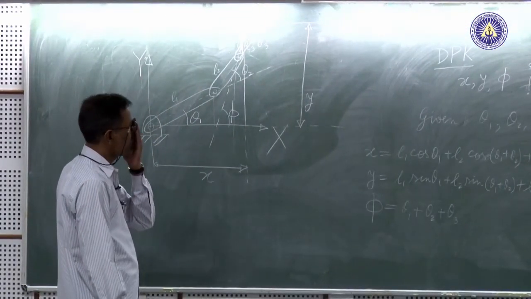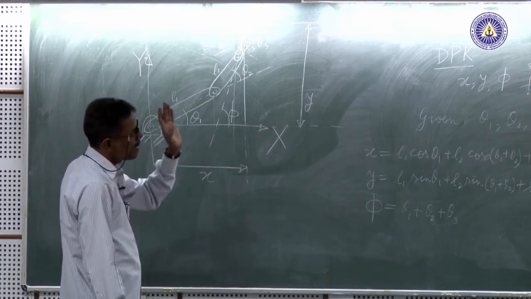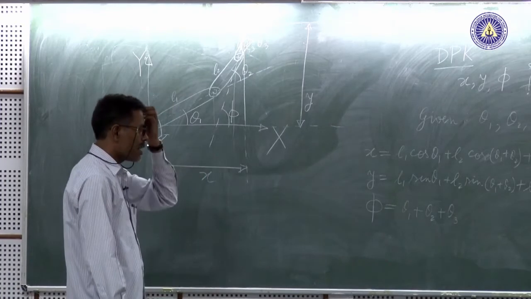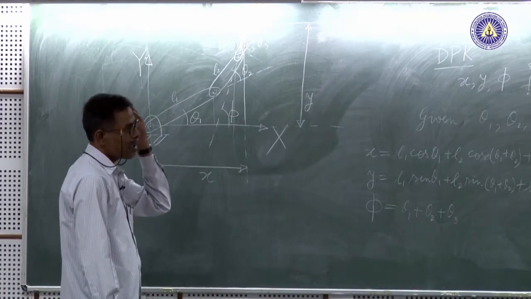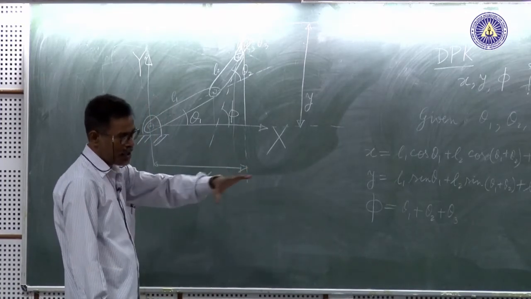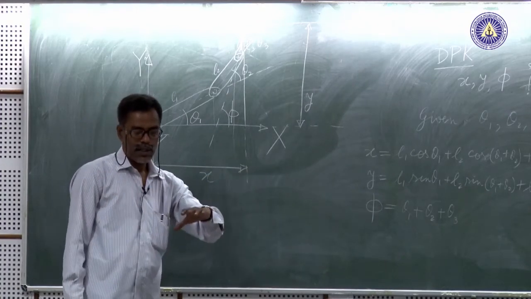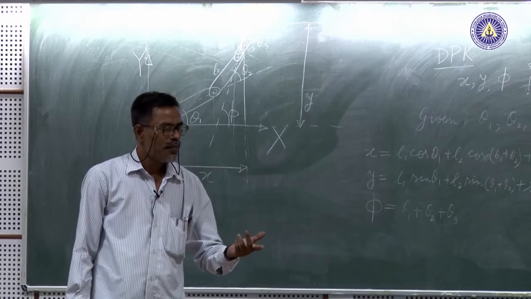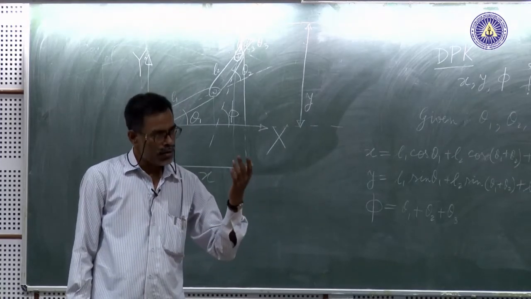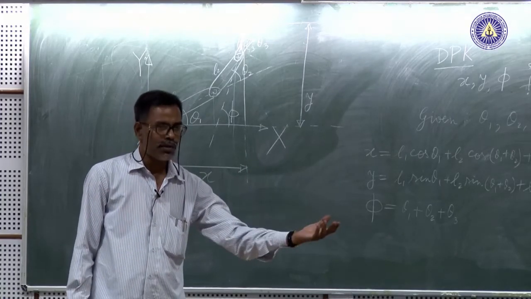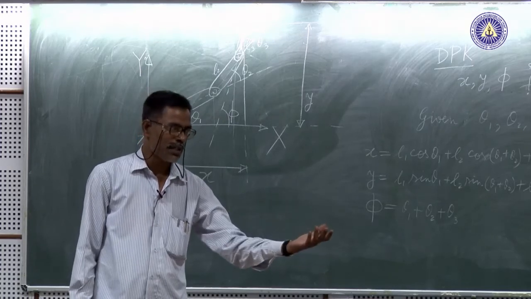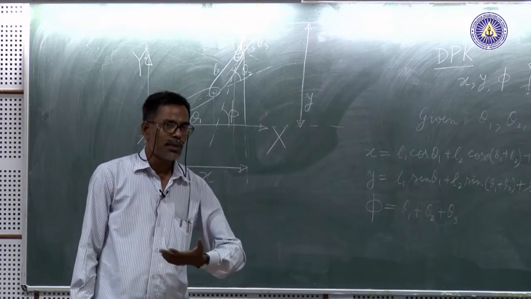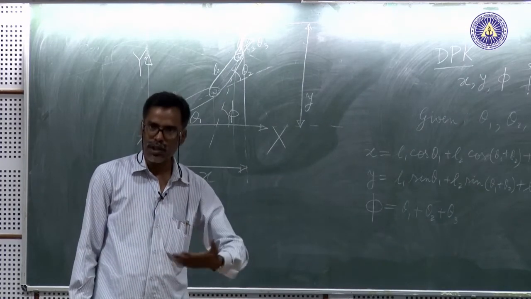Now, the point is that direct position kinematics is solved actually, and during the operation of the robot, the pertinent question is the inverse question, that is we want the robot to reach a particular position with a required orientation. For that, at what joint positions we need to put the robot.